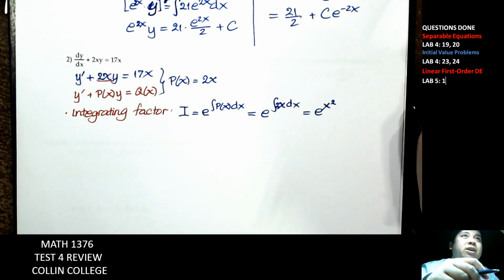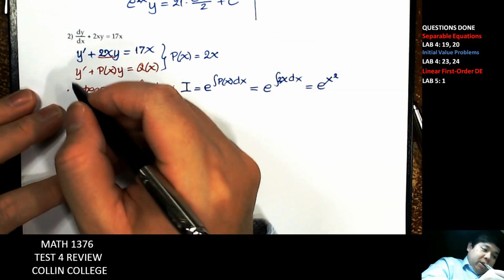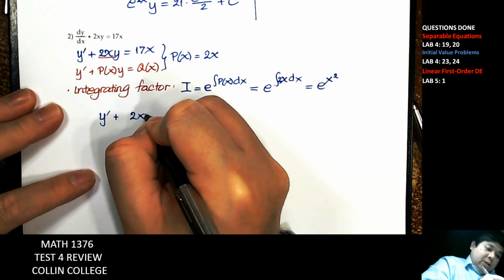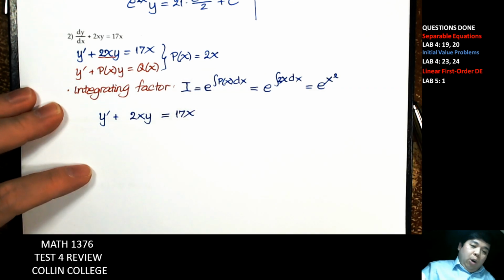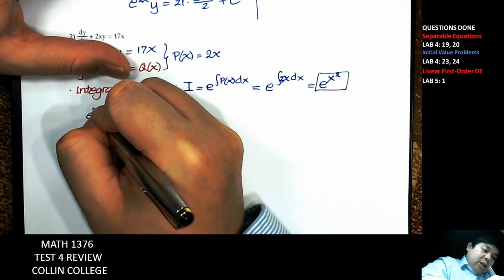Did that in class. Anyway, we multiply that on both sides. Let me copy the equation. We multiply e to the x squared on both sides.